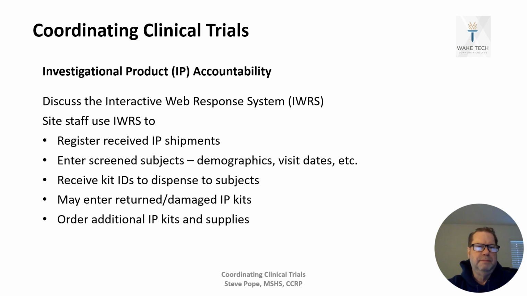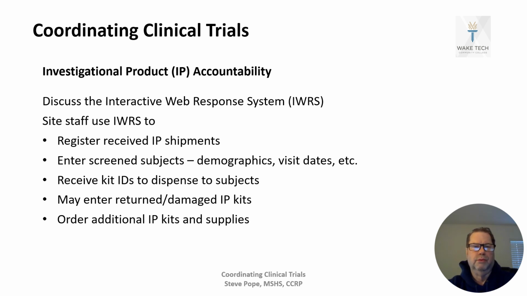As I said, somebody at the site, a team member, is going to use the IWRS system to register all received IP shipments. So you might get a shipment that contains 30 kits or 40 kits, whatever the allocation is for your site.